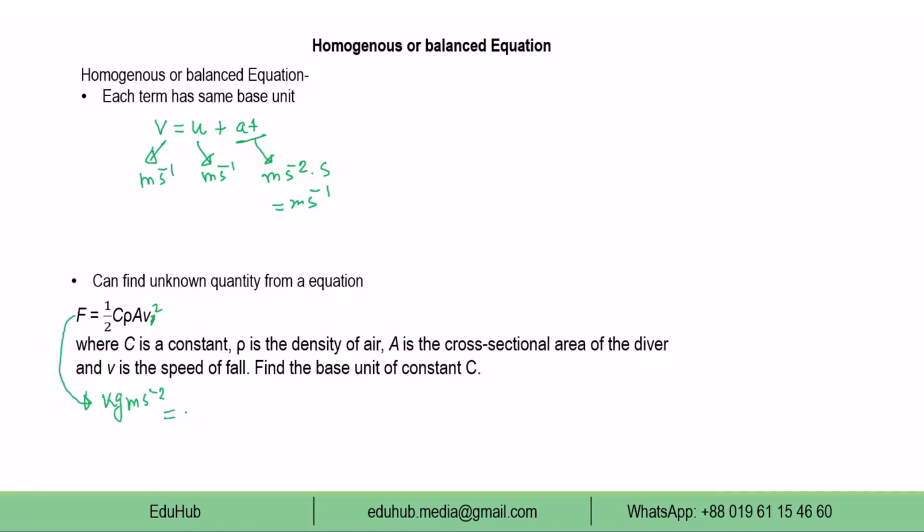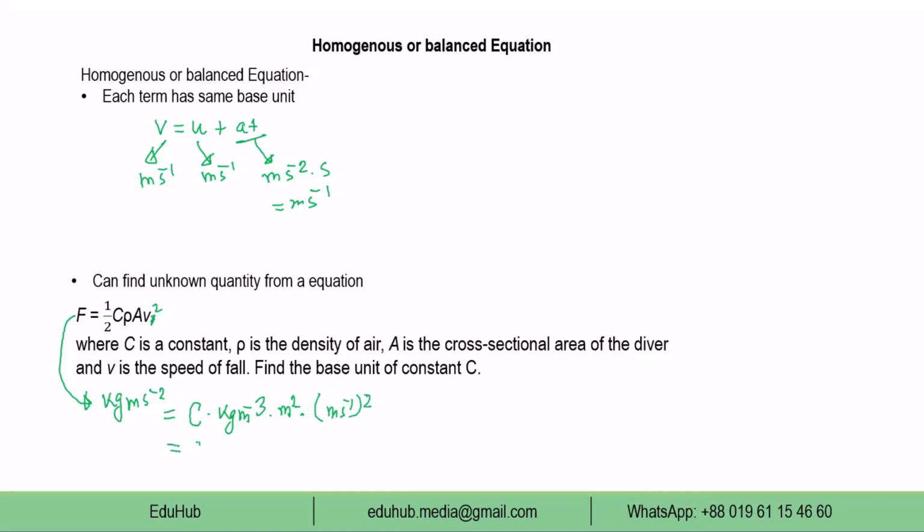and the unit for the right hand side is C for unknown, rho for density, which is m by v, that means it is kg per meter cube, A for area, which is meter square, and V for speed, which is meter per second whole square.